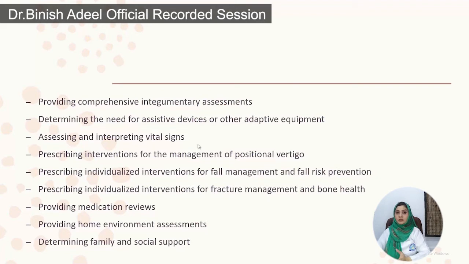So when the patient is at risk of fall and doesn't know whether he needs these kinds of support systems, a physical therapist can provide this education. And obviously then your vital signs, you can help the patient, and vertigo.